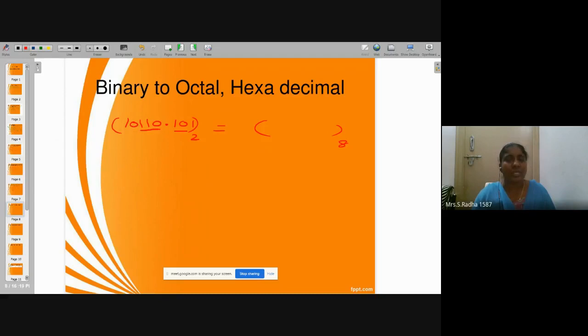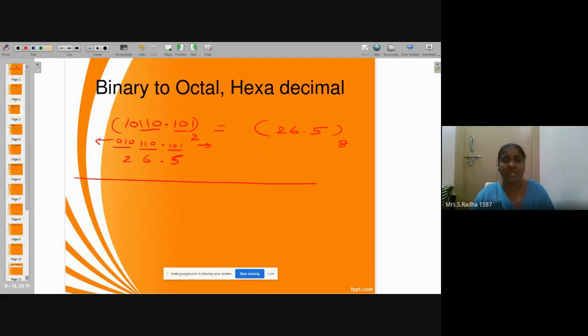You can put any number of zeros on the leftmost side and on the rightmost side if required. Here one digit is short, so you can add one more 0. These 3 put together give 110, these 3 put together give 0.101. This is 6, this is 2, this is 5. So 26.5 is the equivalent octal number.